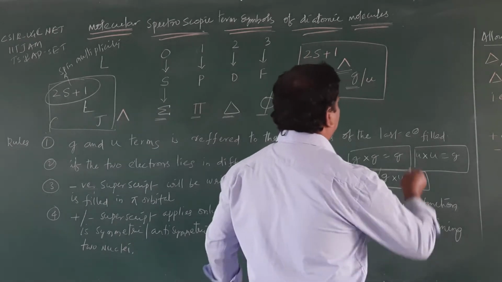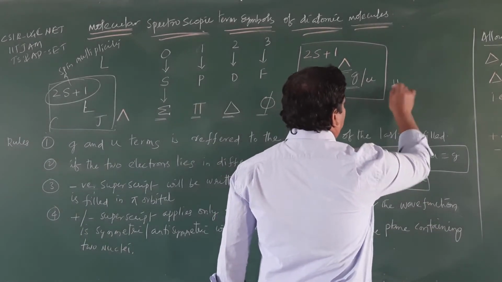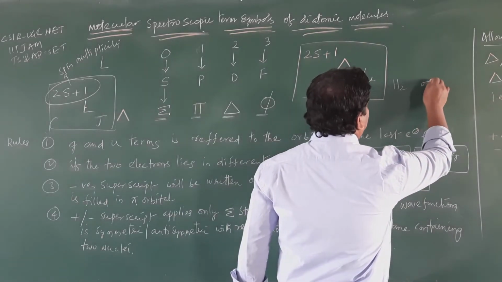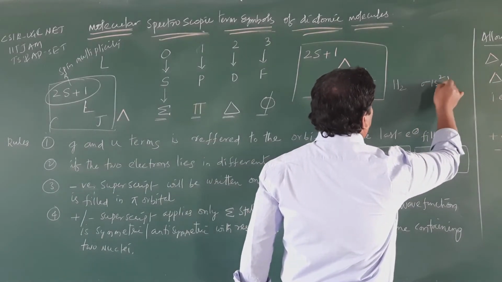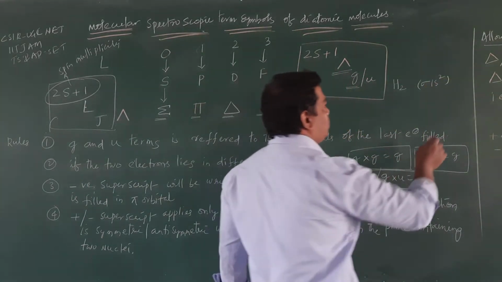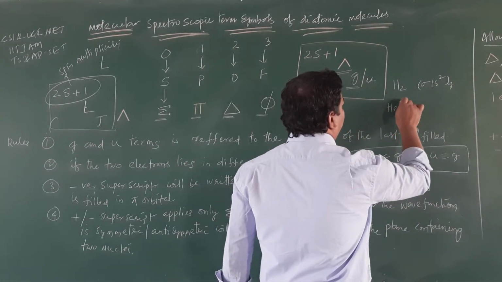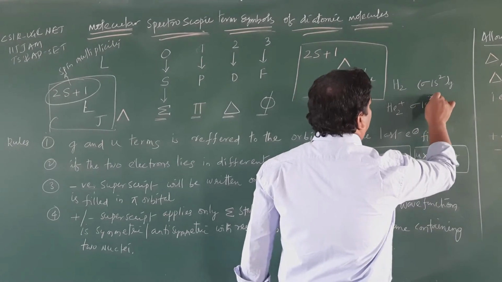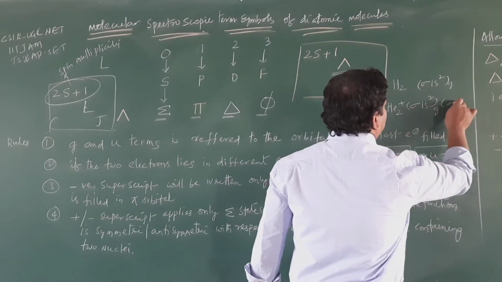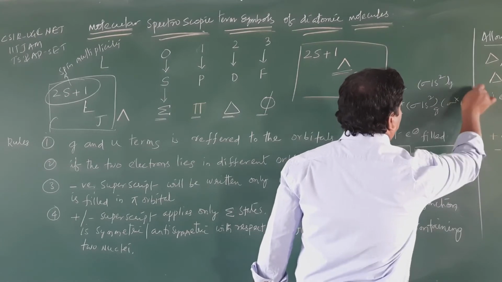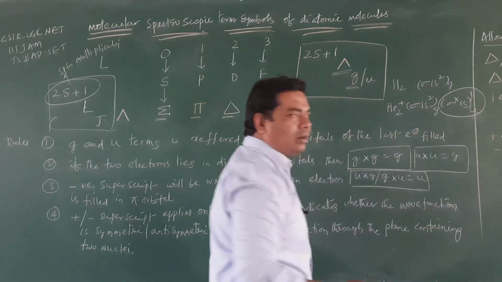For example, the H2 molecule. What is the term symbol of the H2 molecule? The configuration is sigma 1s2 only. For example, He2 plus: sigma 1s2 and sigma star 1s1. This is the last electron filled.